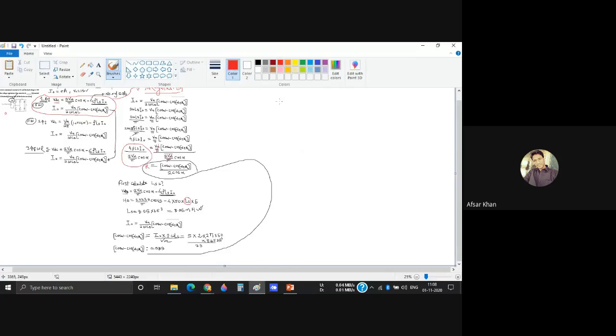Now tell me, your R will be from this formula: 0.0813 divided by 2 cos alpha, 2 into cos 45, right? Tell me the answer.